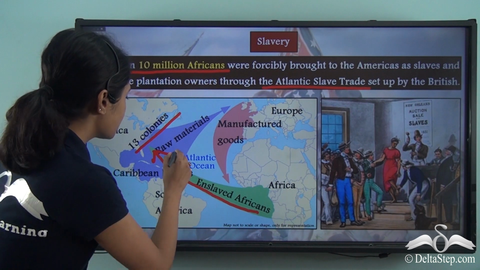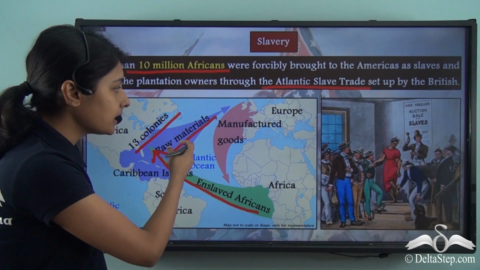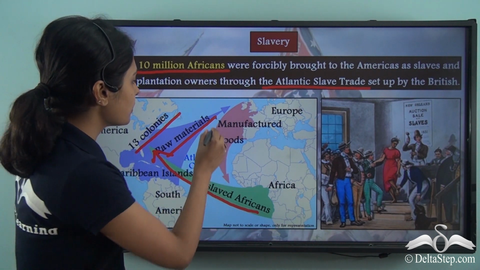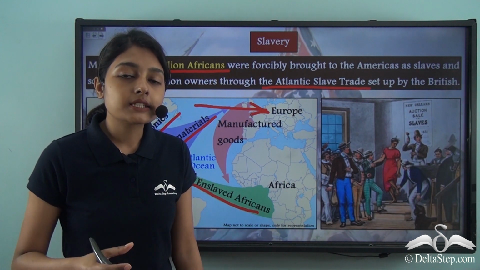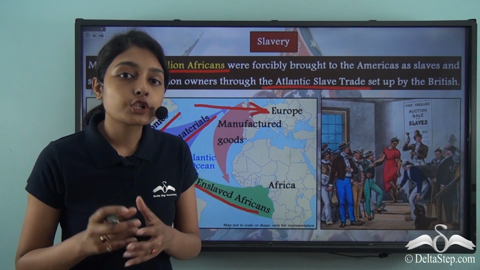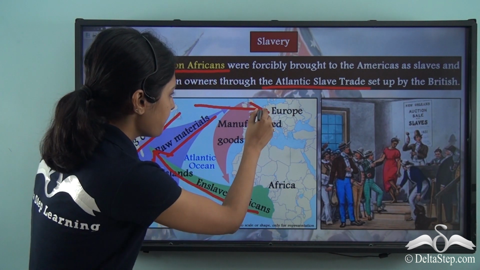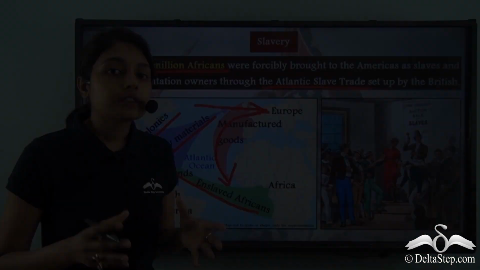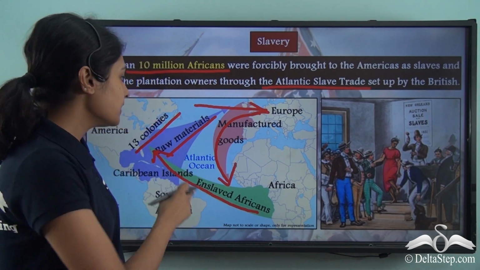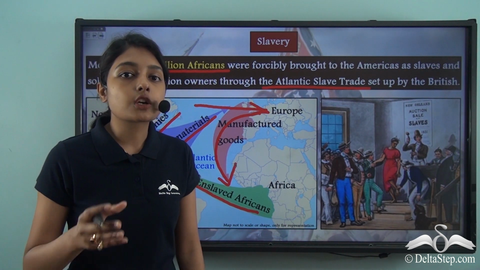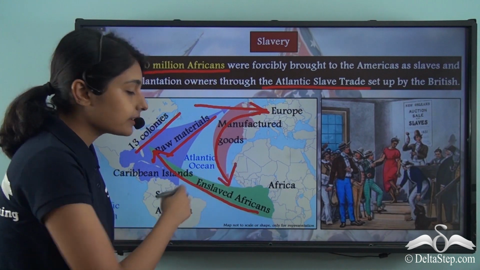Britain now got raw materials from those plantations, and these raw materials were then sent back to Britain. From there, Britain produced finished goods, and these finished goods were sent to Africa. The finished goods that Britain manufactured from the raw materials it got from the North American colonies were then sold to the Africans.